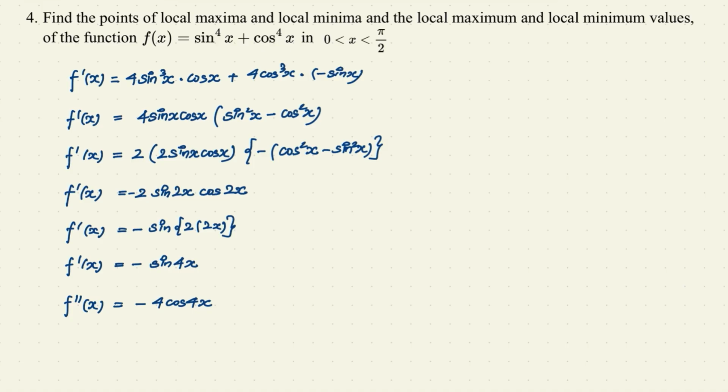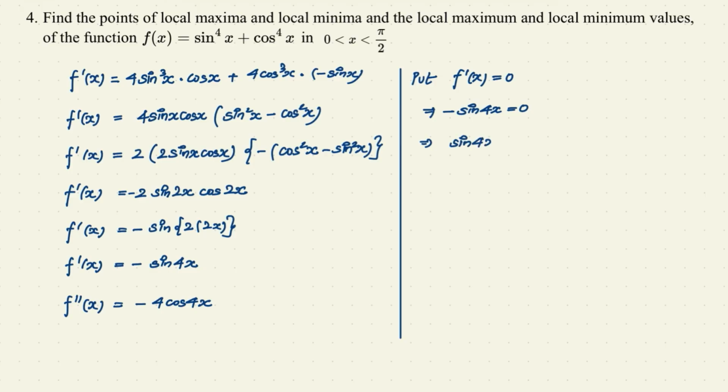Now in order to get the critical points, we have to put f'(x) equals 0. So put f'(x) equals 0, then I'll have minus sin 4x equals 0, and this implies sin 4x equals 0. Now this particular angle 4x can be 0, or it can be pi, or it can be 2 pi, 3 pi, 4 pi.